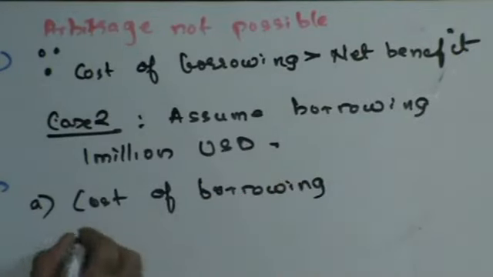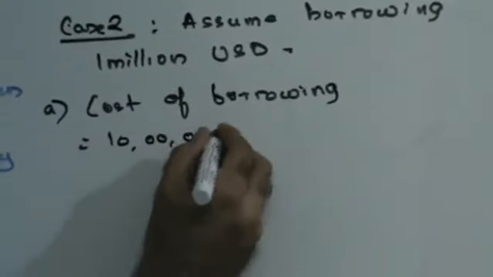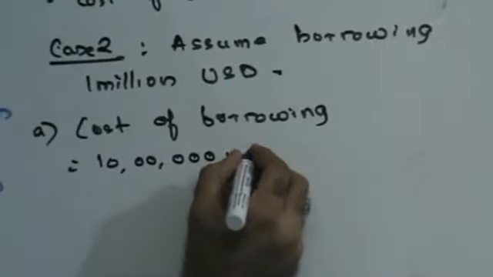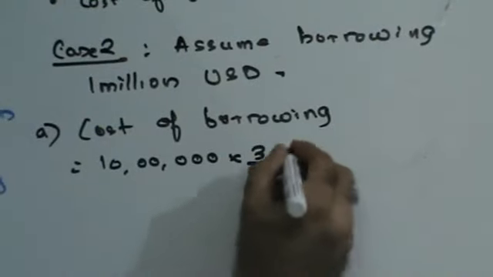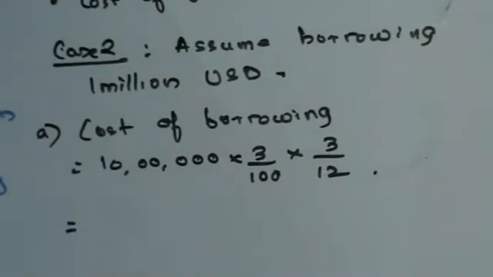I'm borrowing 1 million US dollars. Rate of interest in US is 3%. I'm borrowing for 3 months. Someone please calculate this. 1 million US dollars borrowed for 3 months at 3%. How much is it?